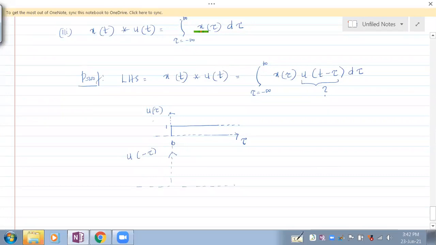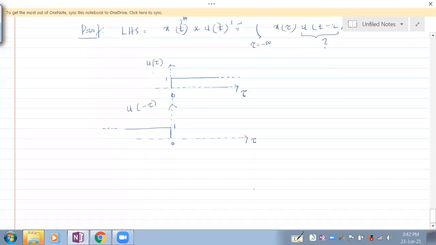So how should the reflection of the signal look now? The reflection of the signal is this. So this is 1, this is 0. This is u of minus tau. Now what you will do is obtain u of t minus tau.